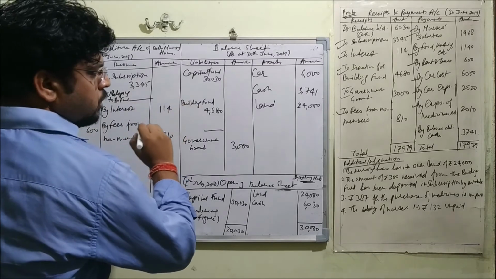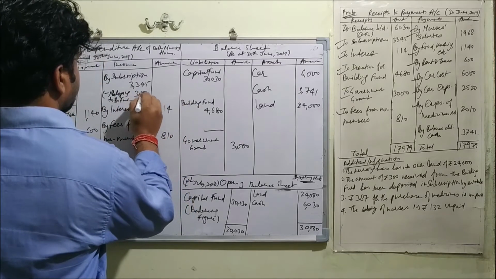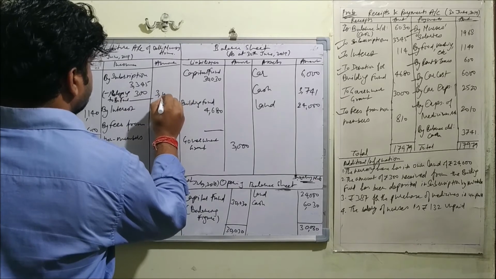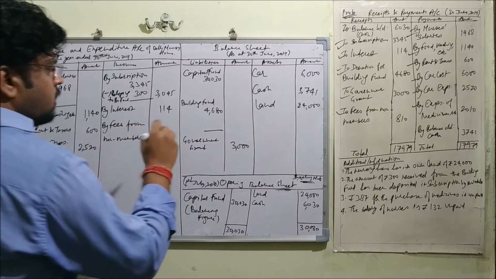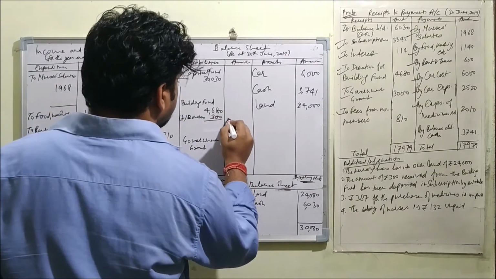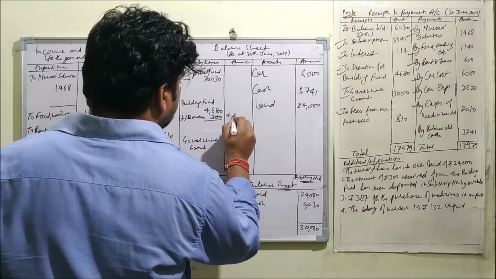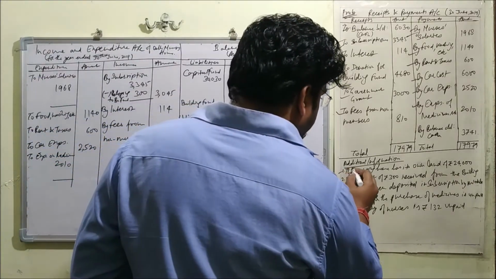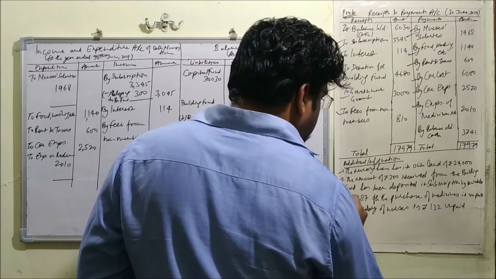So 300 we deduct here, and it comes out 3045. And here in the building fund it will be added. Comes out 4,980. Okay, this we have tackled.